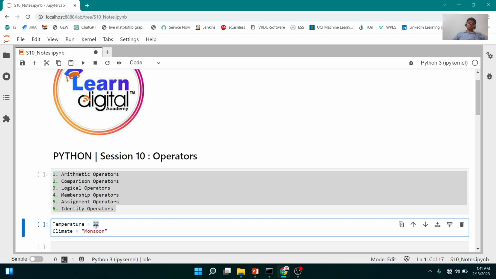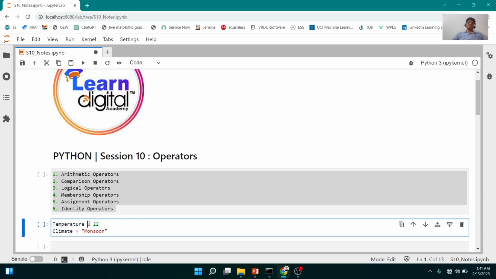I am storing the value 22 in the variable temperature, and here I am storing the string value in the variable climate. But how does Python know that what is on the right side it needs to store in this variable? It knows because of this symbol, this equal sign. So it's an operator. It's a symbol which has a special meaning to Python. This is conveying to Python that whatever is on the right side, please store here.